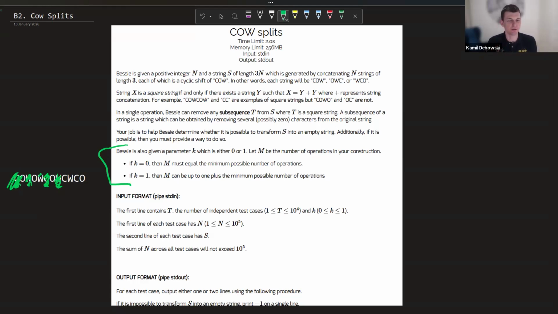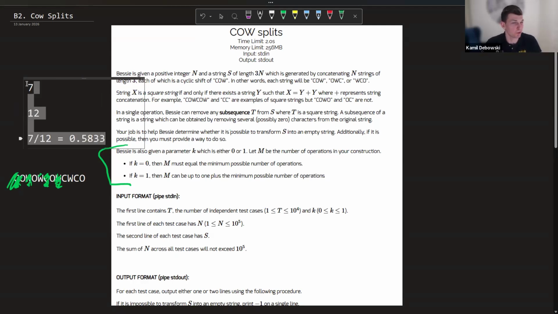That's, I would say, unusual, but in Olympiads often you will get partial points based on exactly the number of operations used. So maybe more common would be that if it's optimal to use 7 operations and you instead used maybe 12 operations, then we take the ratio 7/12, and this is the ratio of points that you get. 7 out of 12, so 58% of points you would get for such a test.